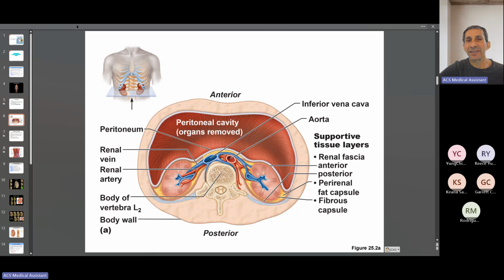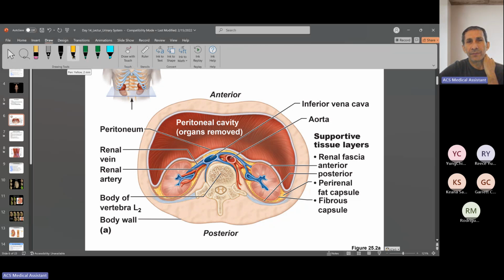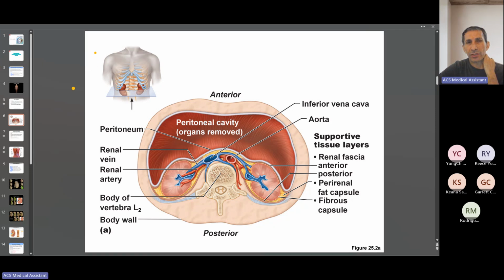So if we cut something just the way that this image shows, I'm gonna be drawing this picture right here on top. You can see this is a transverse cut. So from the top part, we are seeing the body. So this is the peritoneal membrane. See, all these lines that I'm drawing right here are the borders of the peritoneal membrane.